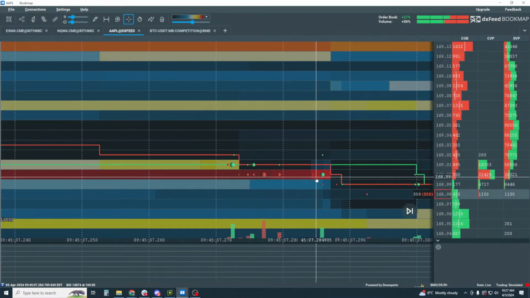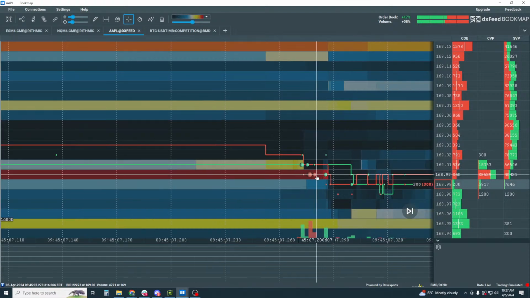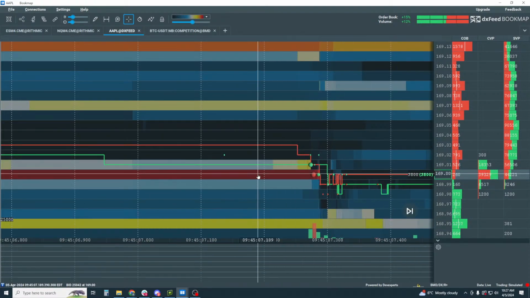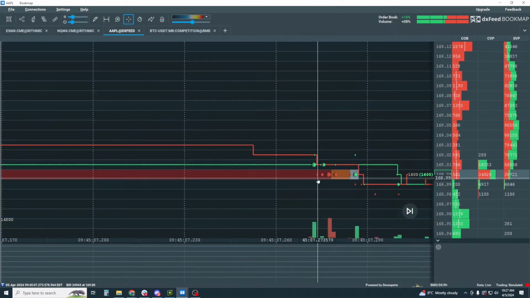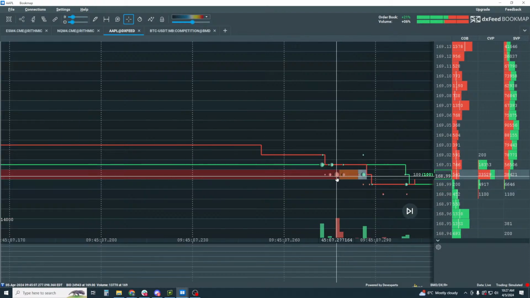It's kind of weird action in here. A lot of the buying in here, we see 33,000. So the selling comes right into that buying.